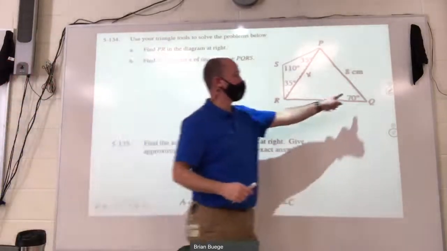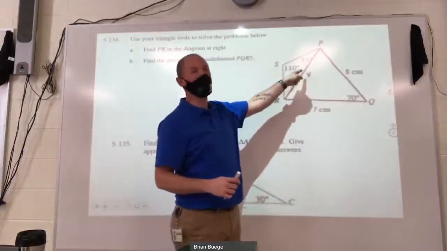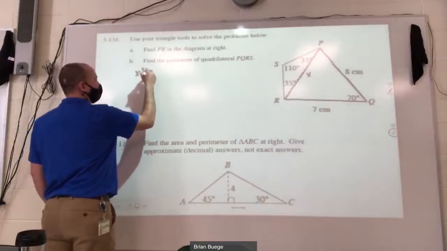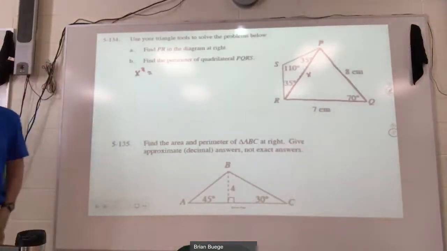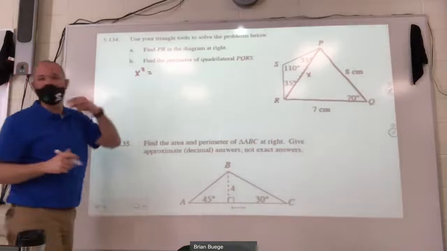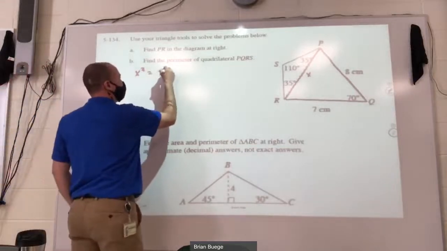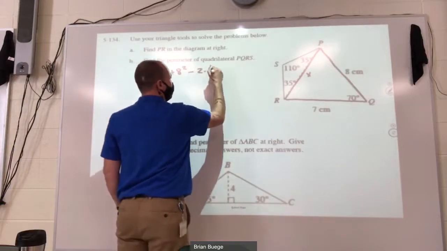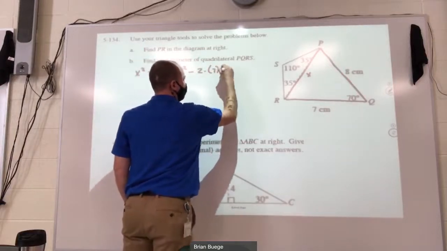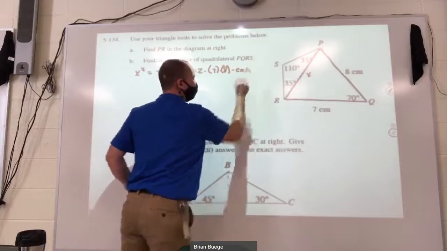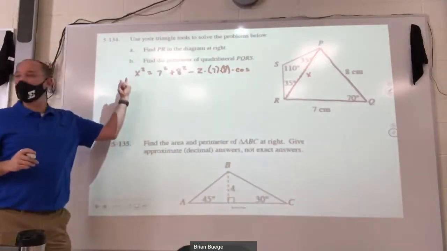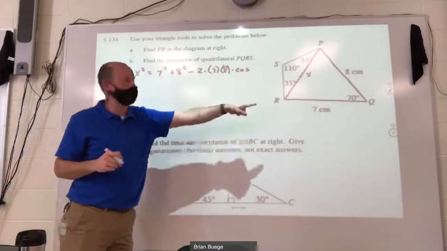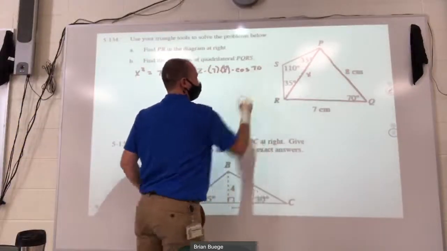So if that's the angle I'm going to use, that's the side I need to start the formula with. So, x squared equals 7 squared plus 8 squared minus 2 times 7 times 8 times the cosine of the angle opposite x, in this case, 70 degrees.